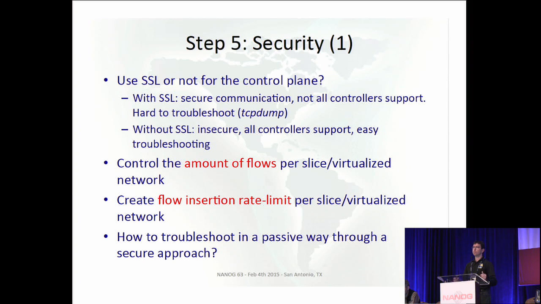But also the amount of flows: if you decide to have virtualization and support different users manipulating your switch, you need to define the amount of flows each application can install and the flow insertion rate limit, how many flows can be inserted per second. All of this you have to define. And troubleshooting, again, is a very important topic, especially if you try to use the passive approach. In this case, the switch receives the flow directly from your Linux command line, but we have to find a solution to do this in a secure approach.